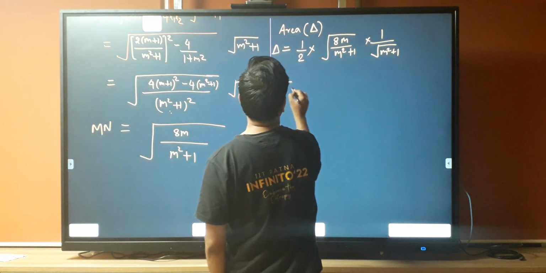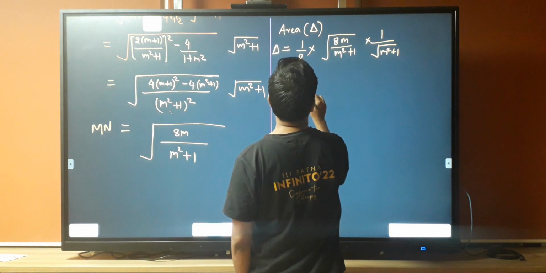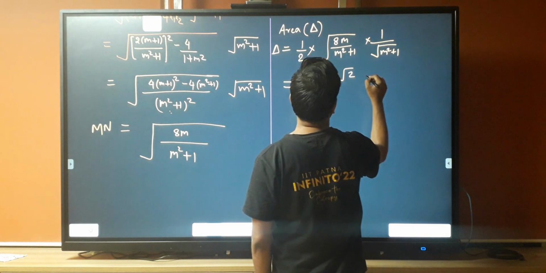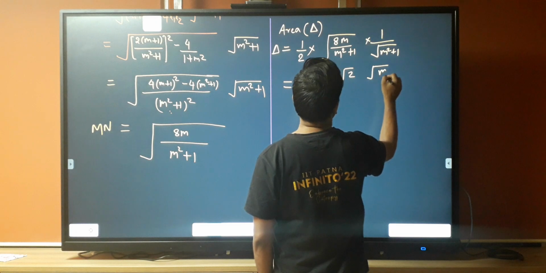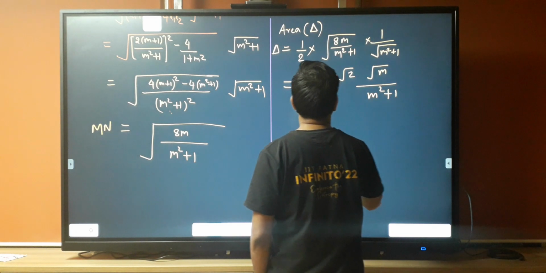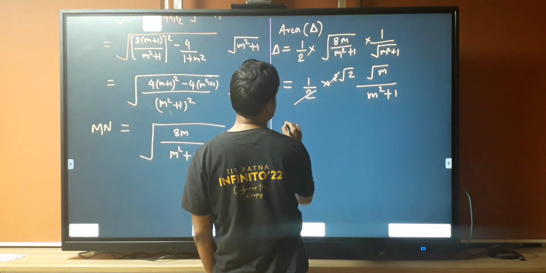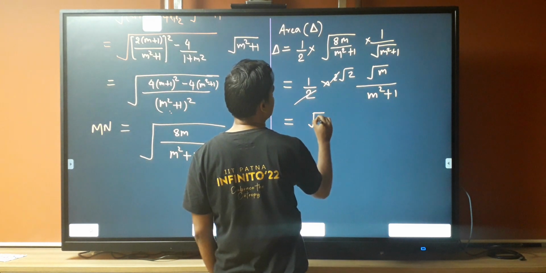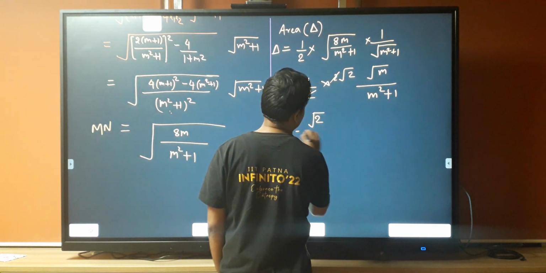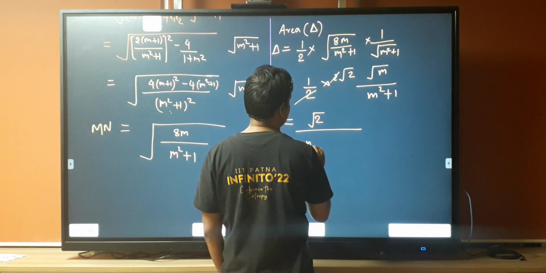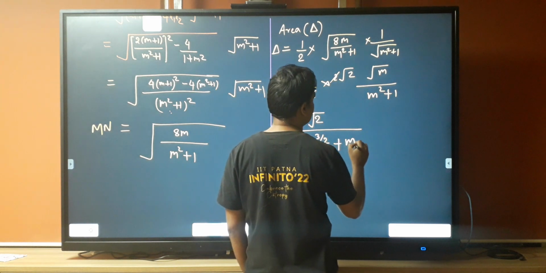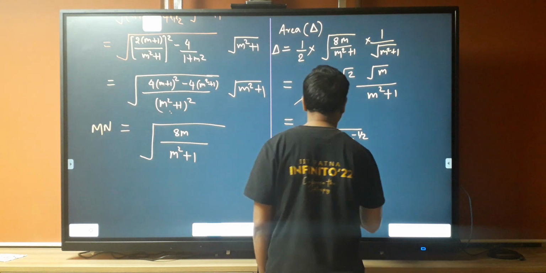Upon simplification it will give me 1 by 2 into 2 root 2 into root m upon m square plus 1. Okay, so 2 gets cancelled. This will be root 2 times m to the power 3 by 2 plus m to the power minus 1 by 2 in the denominator.